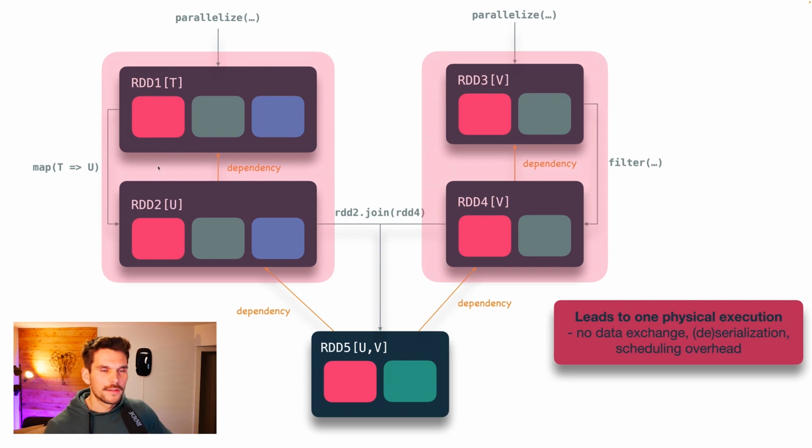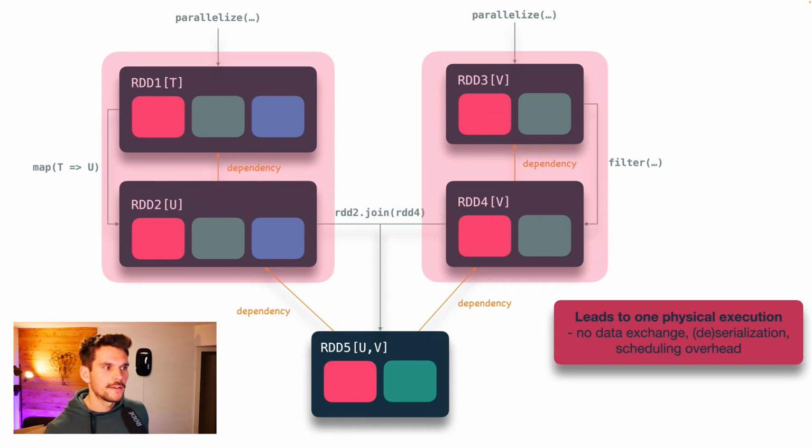So each of the RDDs' execution function acts on a single record, and we don't need a shuffle in between. So what Spark does for us is something called pipelining, and it looks at the directed acyclic graph and checks for narrow dependencies.